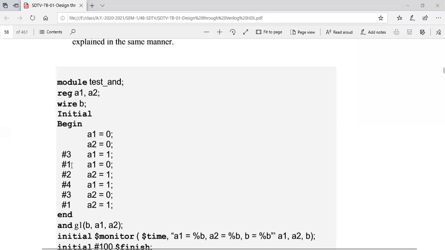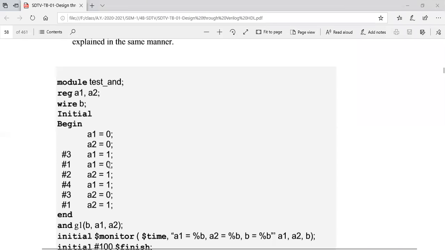When A1 is 1, A2 is still 0. That means we are verifying the value for 1, 0. First we verified 0, 0, then we verified 1, 0. Now after 1 unit of time, I am making A1 as 0.